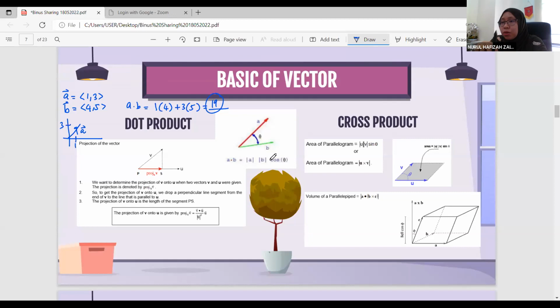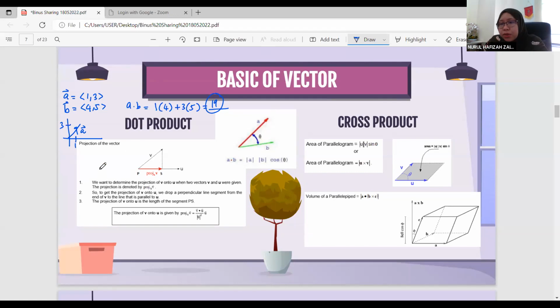But if you know how to calculate and you don't have a protractor in your hand, you can just use the formula A dot B. You just find the length of this pen and the other pen, and then you can find the angle without using a protractor. So that is how dot product is used because of the formula.